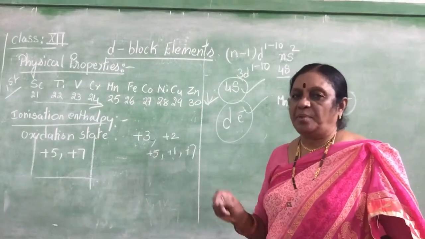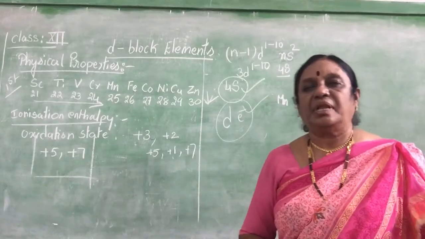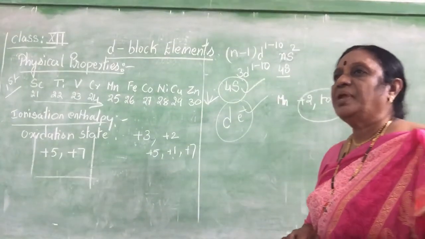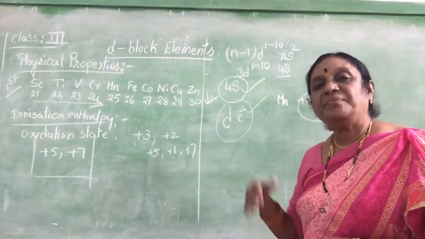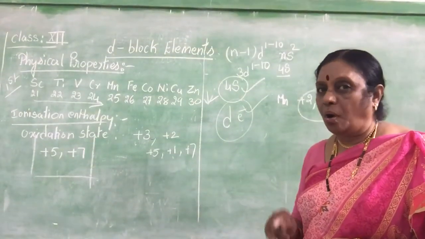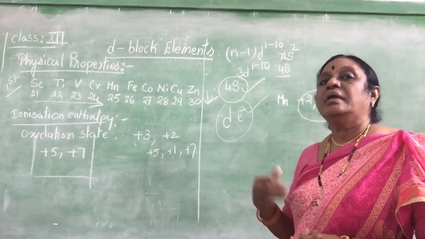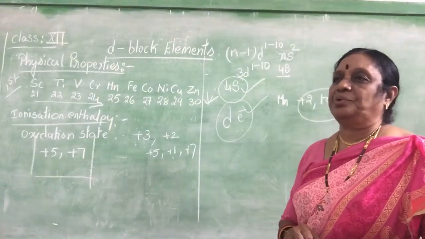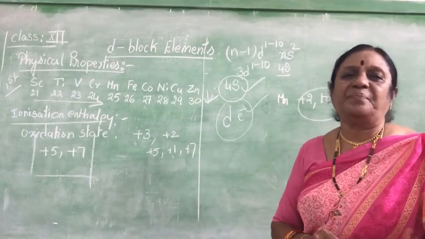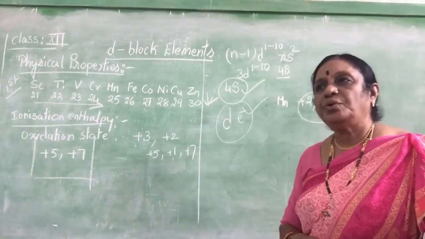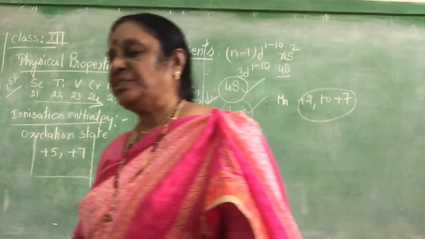Now this variability in the oxidation state of transition elements is due to the incompletely filled d subshell, or due to the involvement of the ns and d electrons. Actually, only this is the reason why they show variable oxidation states. Simply you can say due to the incompletely filled d subshell. Okay children, clear?